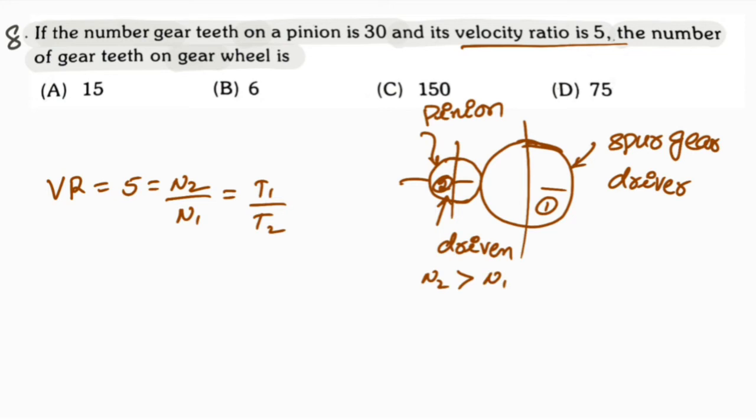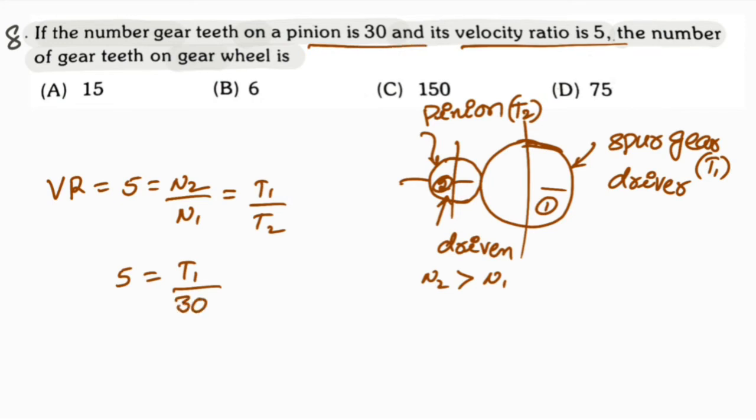Let T2 be the number of teeth on the pinion and T1 the number of teeth on the driver gear or spur gear. Then velocity ratio 5 equals T1 by 30, the number of teeth on the pinion.